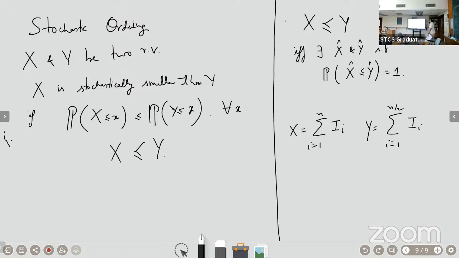Just use that. Take X equal to X hat, Y equal to Y hat. What happens? What is this probability if I take X equal to X hat and Y equal to Y hat?